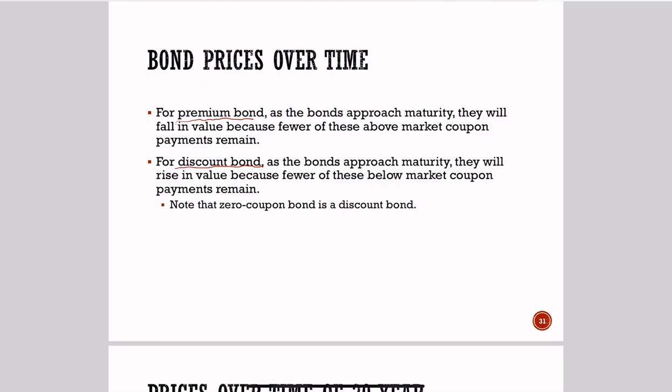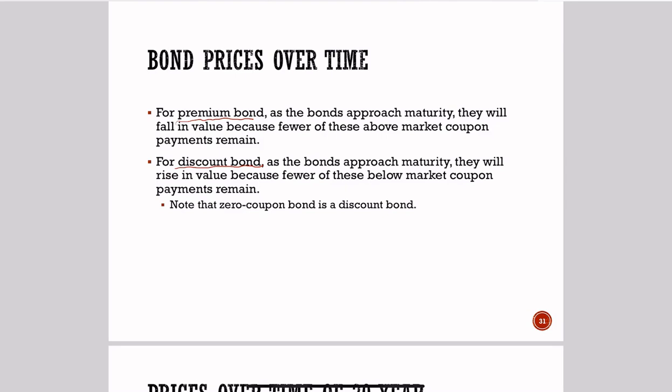That's why you would want to pay a premium for the bond. However, as the premium bond approaches maturity, there are fewer and fewer of these above market coupon payments remaining. So the premium bond becomes less valuable, so its price will decrease.